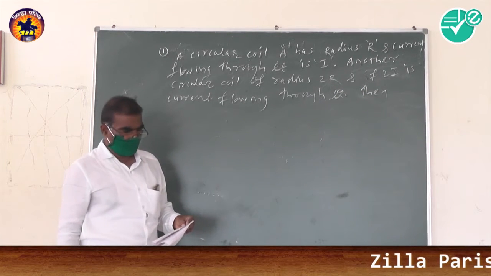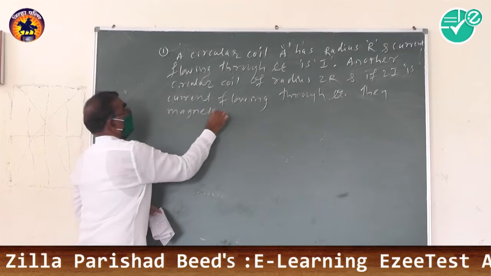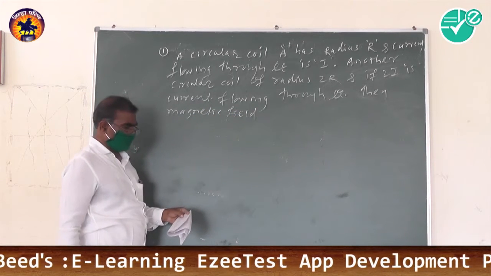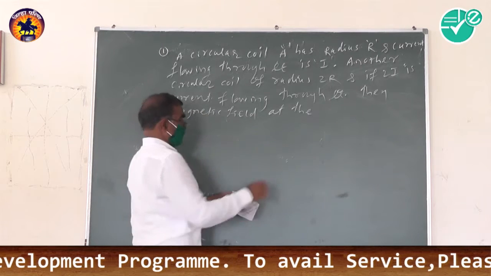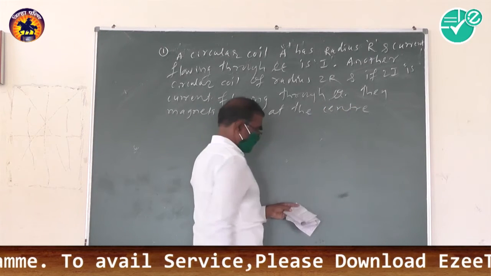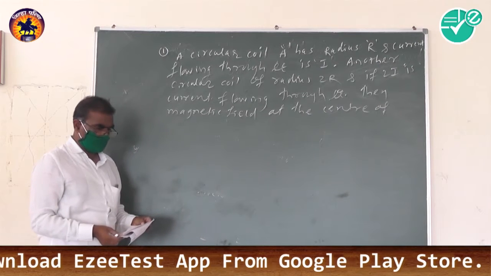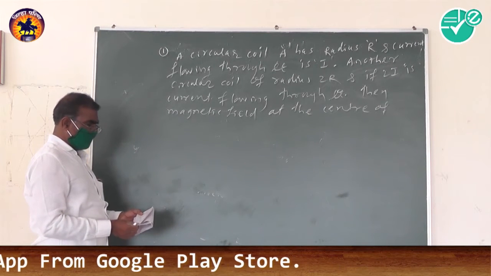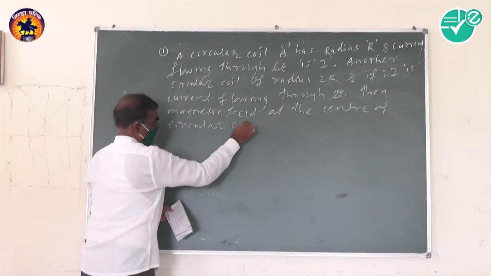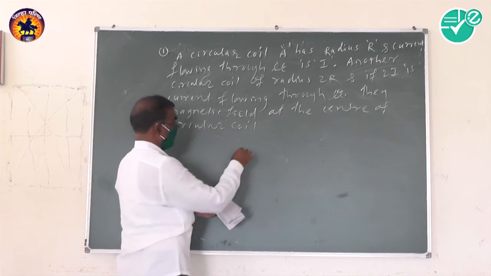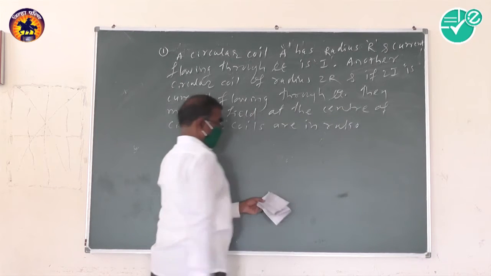then magnetic field at the center of circular coils are in ratio.